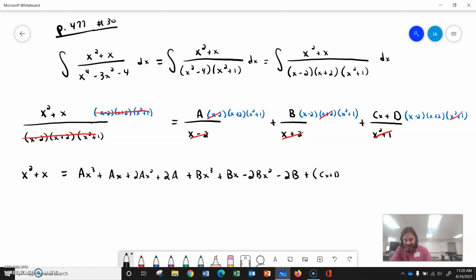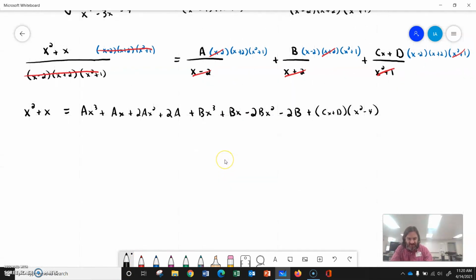But it'll be cx plus d times x squared minus 4. And I hate to rewrite all this, so let me just kind of work that out over here to the side. So that would be, if I FOIL that out, cx cubed minus 4cx plus dx squared minus 4d. Let's make that d look better first of all. And then let's just go ahead and mark out this part that was above it. So we got all of this.